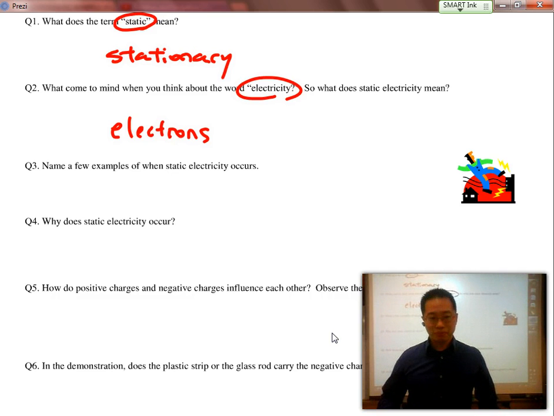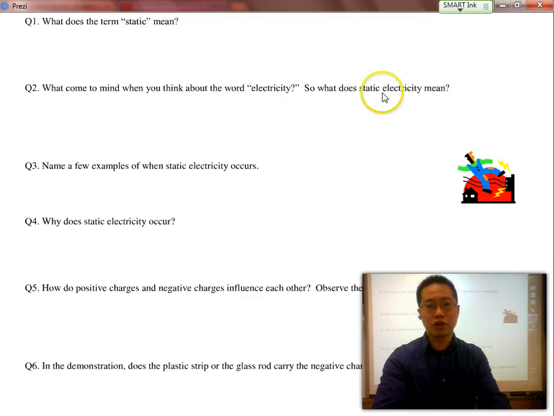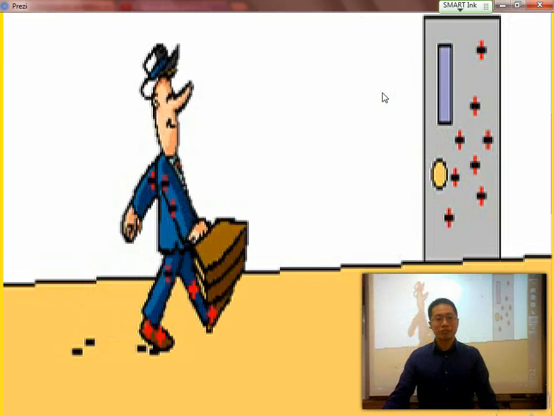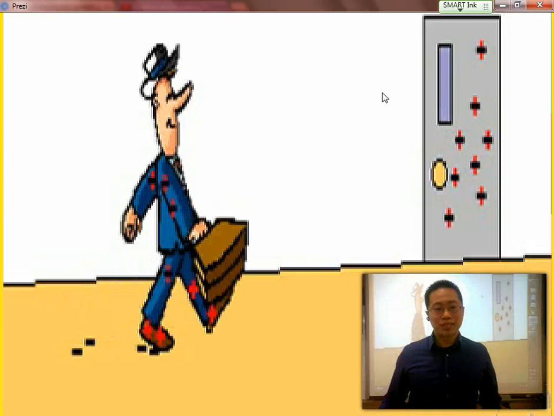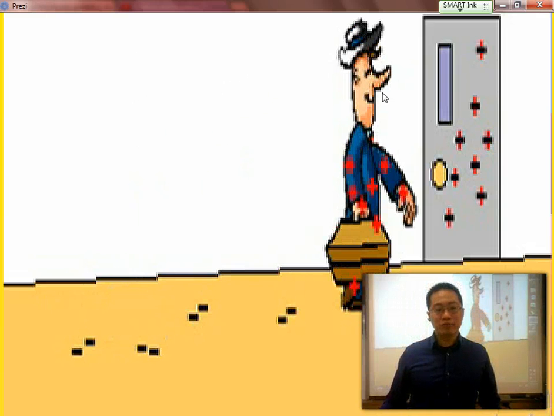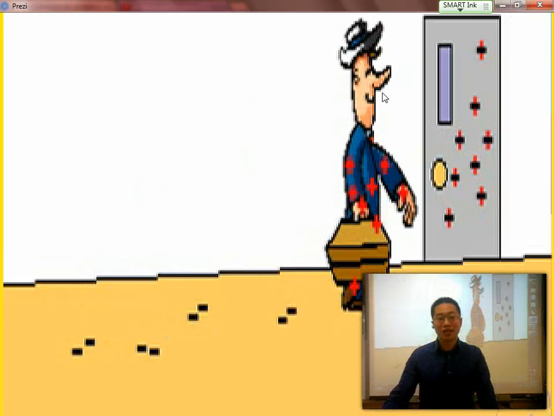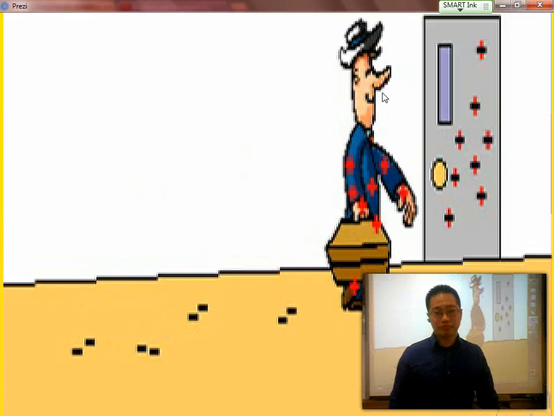We're talking about instances when you might develop a buildup of some sort of charge, similar to this animation over here. We have a person walking along a wool carpet. As he's walking, the friction between his feet and the ground is leaving behind electrons.